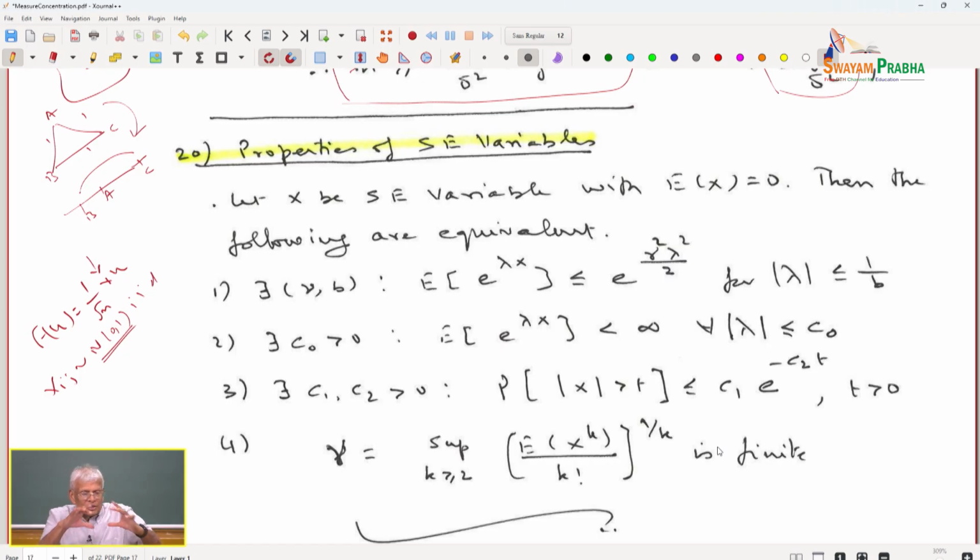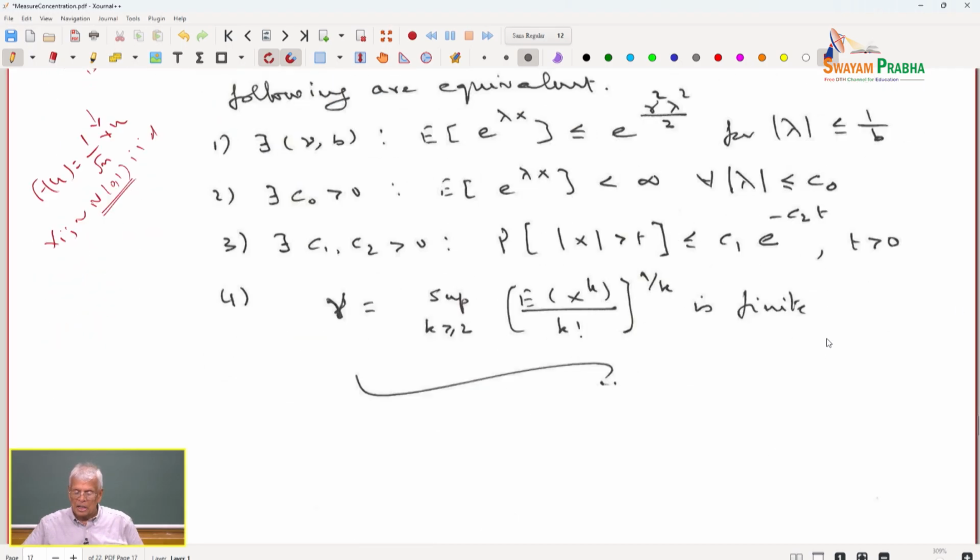We have given a set of 4 equivalent conditions for sub-Gaussian as well earlier. So it is the collection of these results that provide you a very good background on measure concentration, and measure concentration plays a fundamental role in dimension reduction in data science.